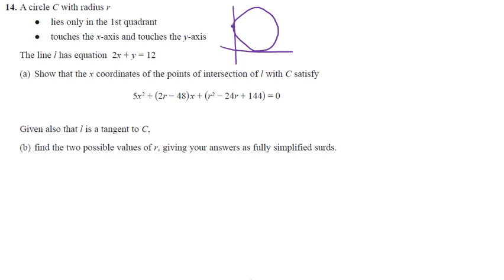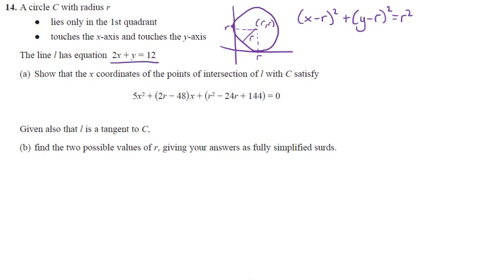So if it has a radius r, then that value there must be x equals r, and that value there must be y equals r. So the center of the circle is at r and r, lots of r's there. So the equation of the circle is (x minus r) squared plus (y minus r) squared equals r squared.